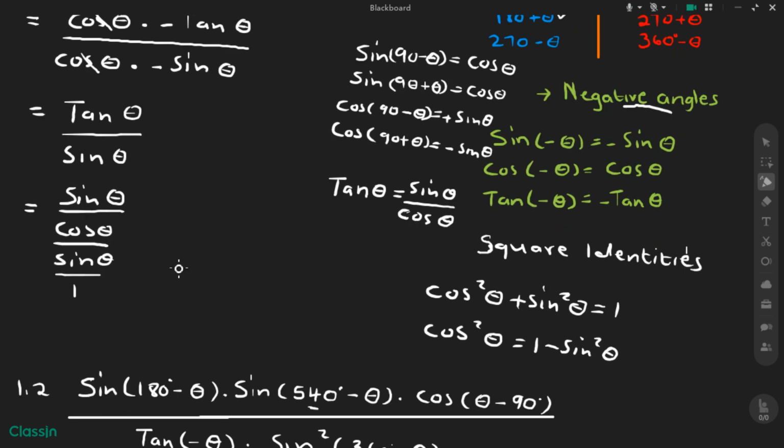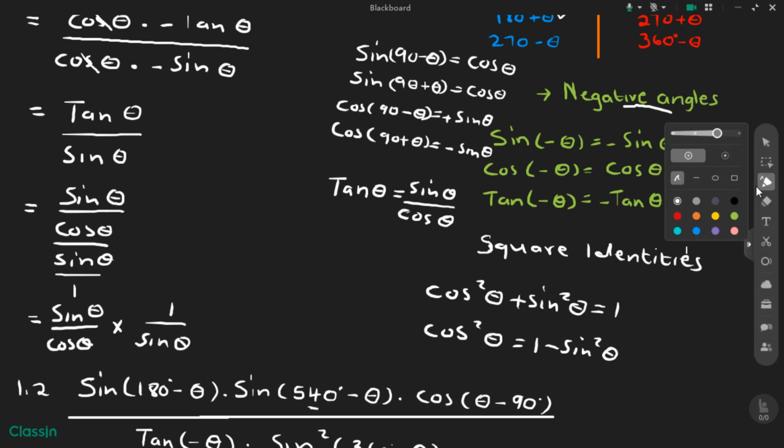Now from there, we take the first two as they are, sine theta over cos theta. How many division lines do we have? We have 3. 1, 2, 3. So we take the middle one, we change it to multiply. And the sine theta over 1 will interchange to 1 over sine theta. So in this case, our sine theta will cancel sine theta.